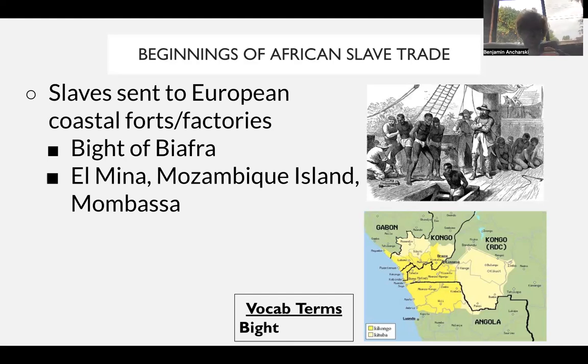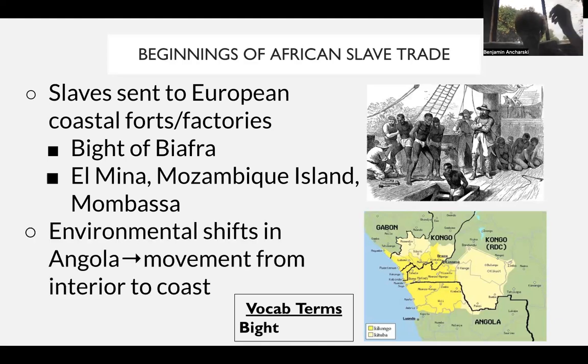It's also a site where we see these slaves put on ships, transported across the Atlantic Ocean, destined for the New World. And the Portuguese and other empires are going to be involved with this. The Portuguese set up colonies, set up trade posts in places like Elmina, Mozambique Island in East Africa, and Mombasa, also in East Africa, excuse me.